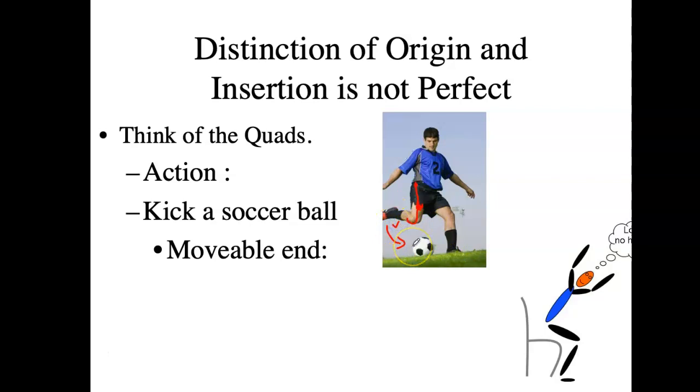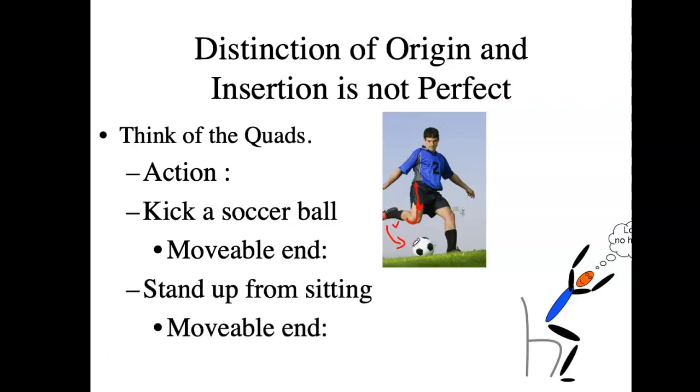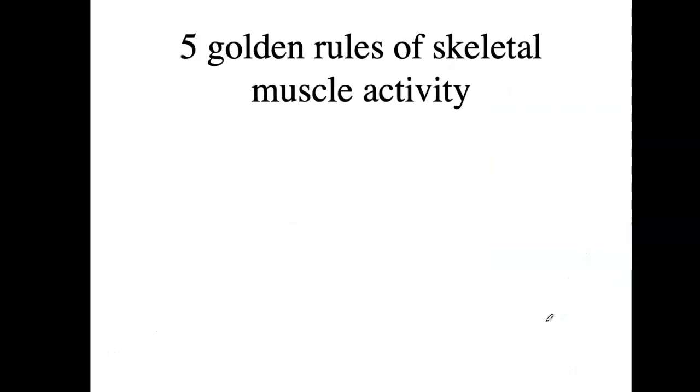Okay, does that mean that works for all the quads? Well, now you have someone sitting down and you stand up. Stand up from sitting. And again, you have that muscle that's here, coming here and attaching onto here. Correct? Now, the more movable end is this end. This isn't really going anywhere, but this is making a big change in position. So, it's not perfect.